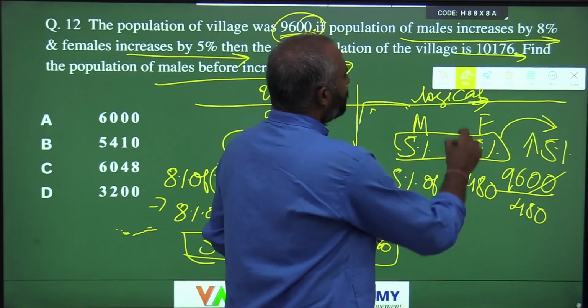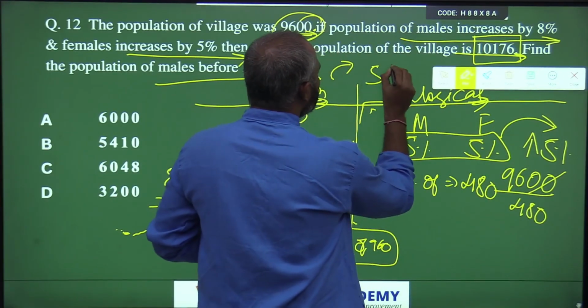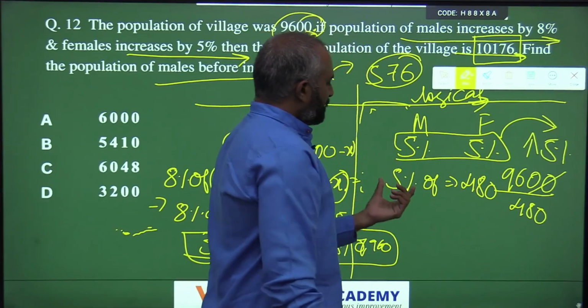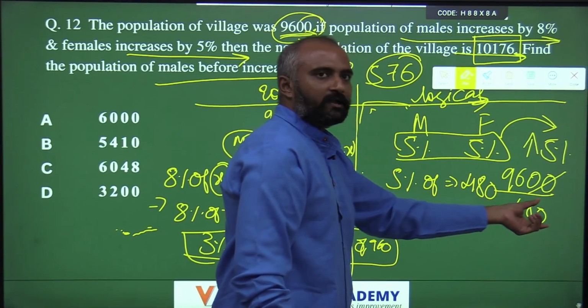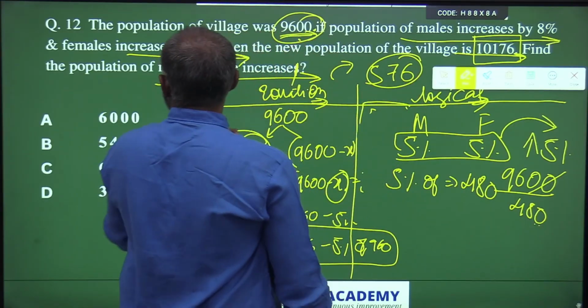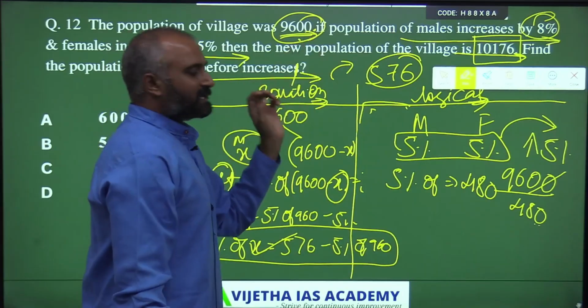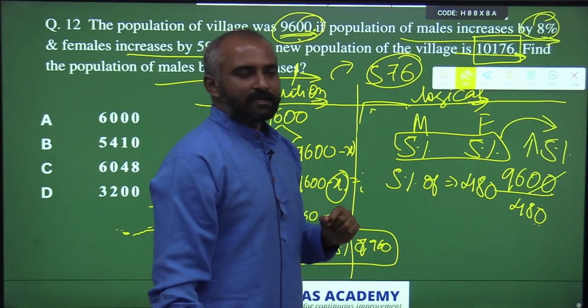But how much did the total population increase? The population increased by 576. So what was the difference here? If both increased at 5%, it would have been 480. But because the males increased by 8%, you are getting this difference between 480 and 576, right?